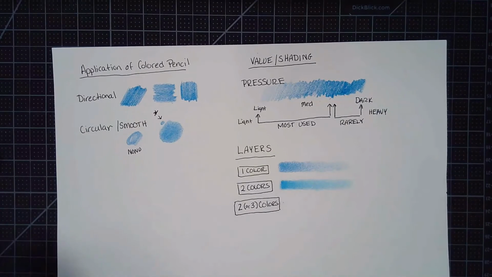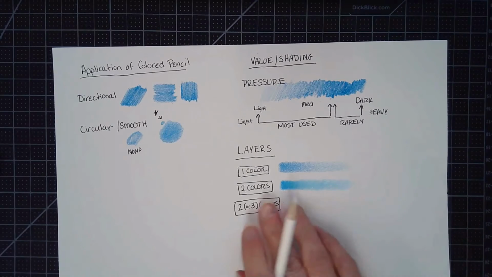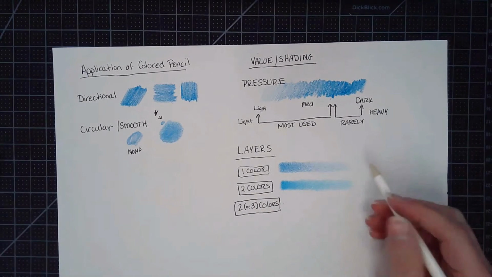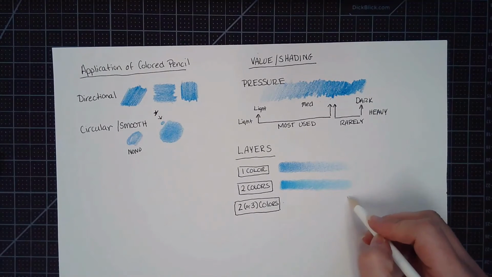And one way to create values with layering and pressure is to now also use white with our values. So since I've been fading off into lightness over here, I'm going to start with some white over here where I want my lighter value.